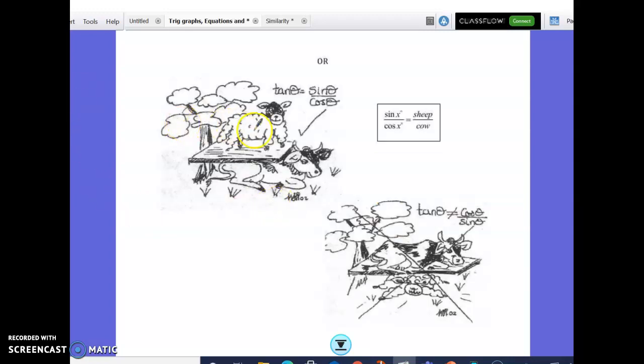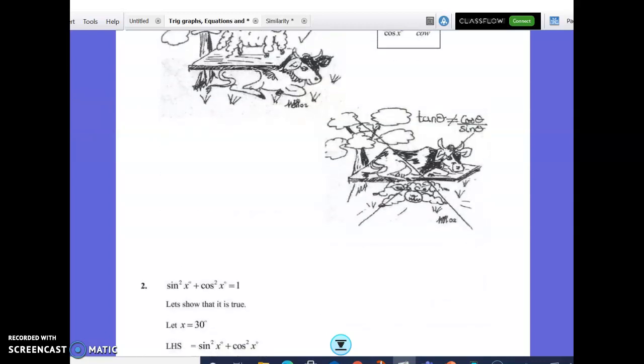Or if we do sheep over cow, then that works out nicely. The sheep can sit on top of the cow. But if we do cow over sheep, the poor sheep gets squished and it doesn't work. Okay, so tan x is sine x over cos x.